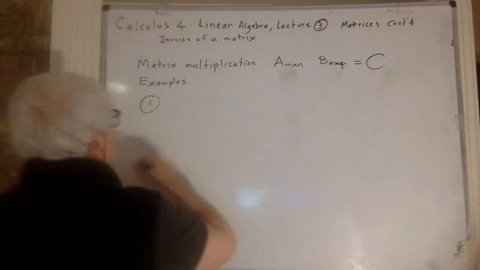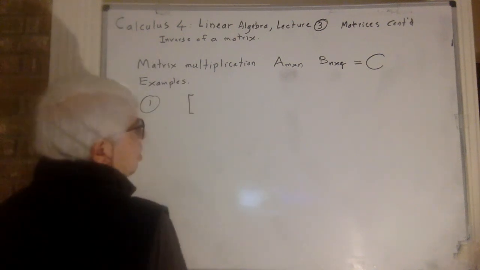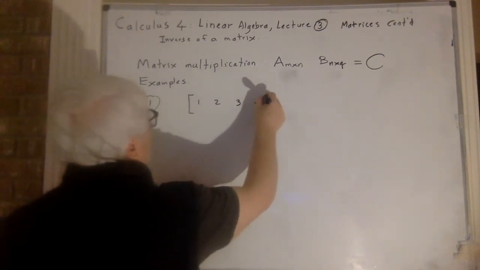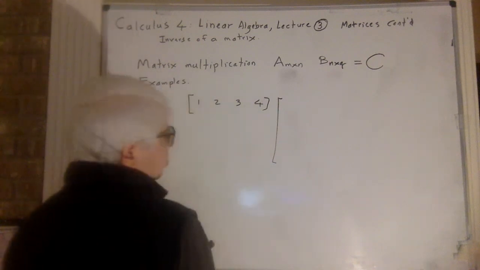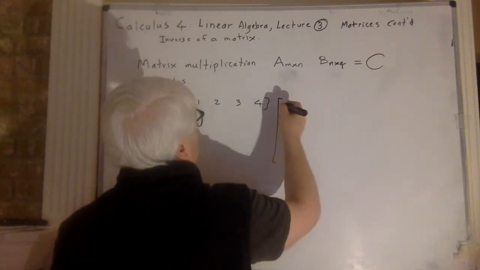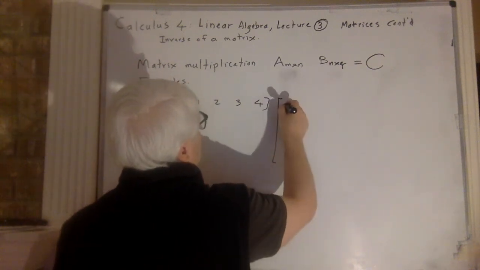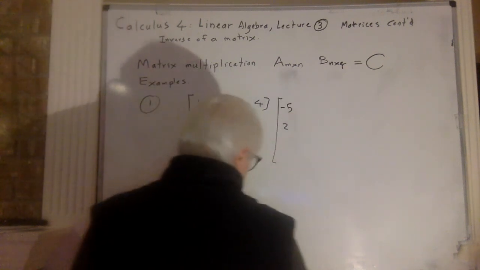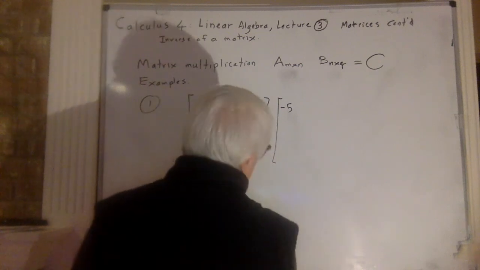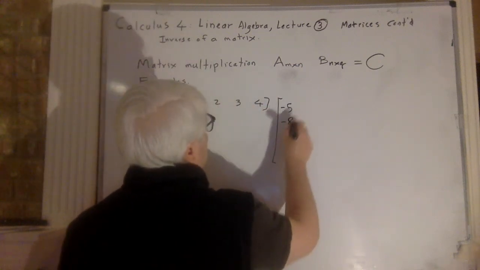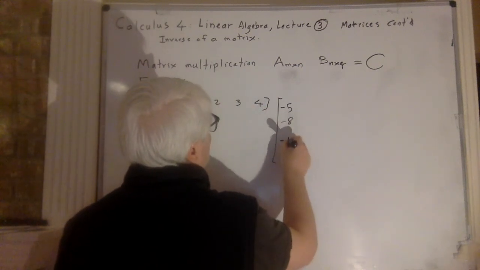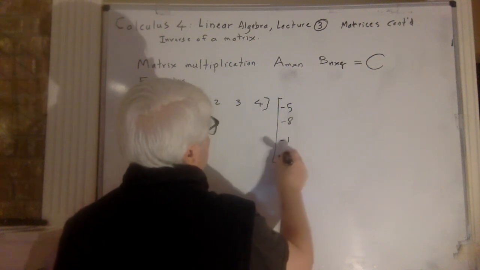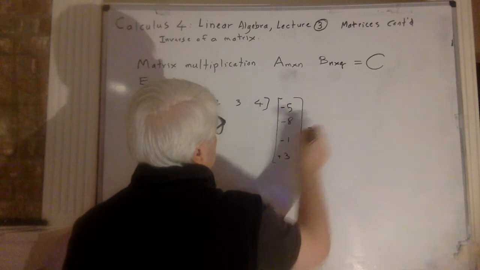Let's multiply a simple 1, 2, 3, 4 by, say, negative 5, negative 8, negative 1, and plus 3.